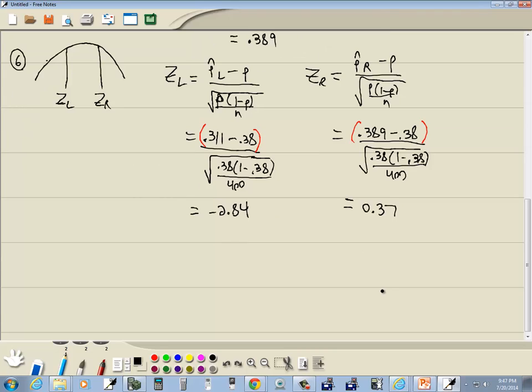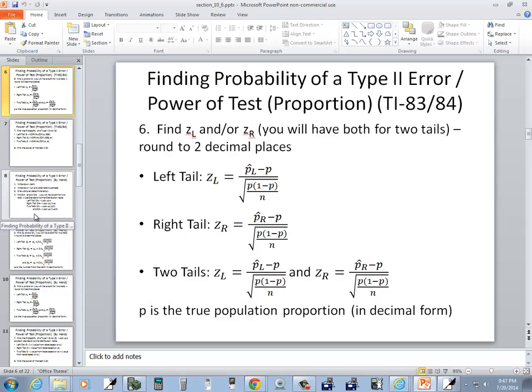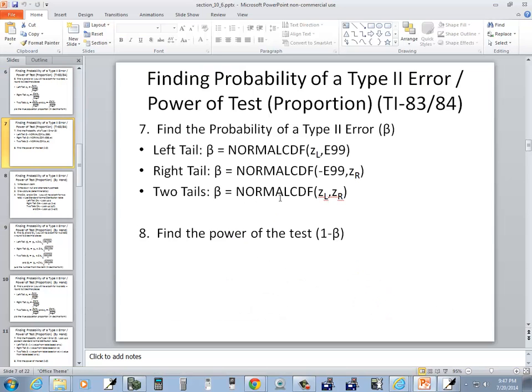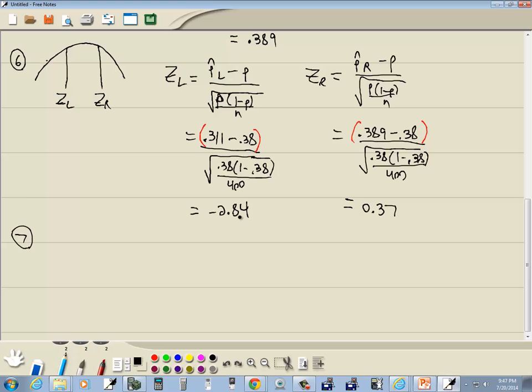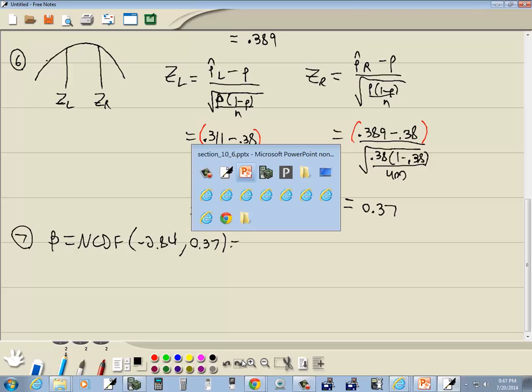Okay, so let's look at step 7. We got 2 tails. So this says we're going to do normal CDF, Z sub L, comma, Z sub R. So beta is going to equal normal CDF of negative 2.84, comma, 0.37. And let's see what that gives us.